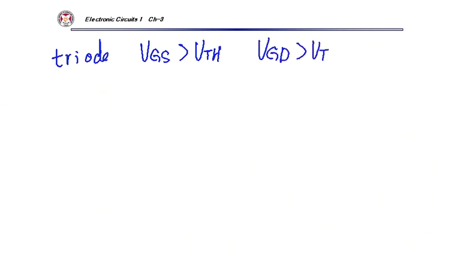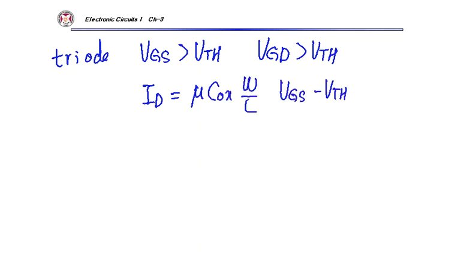No, actually, I forgot to mention one thing. It is triode. In triode, the gate source voltage is larger than the threshold voltage, and the gate drain voltage is larger than the threshold voltage. In this case, my ID will be in the saturation region.